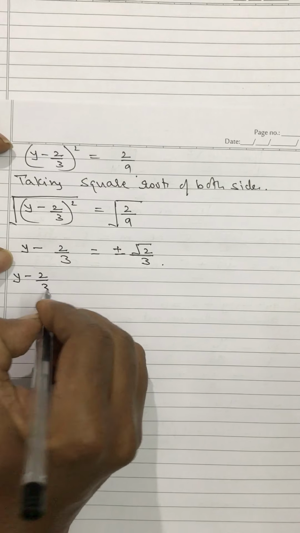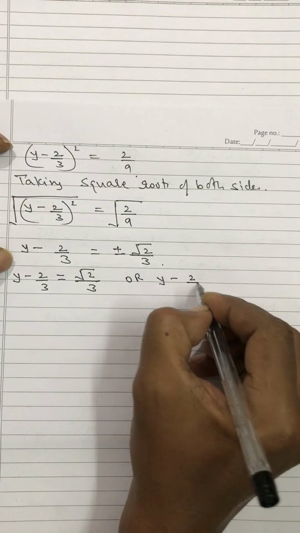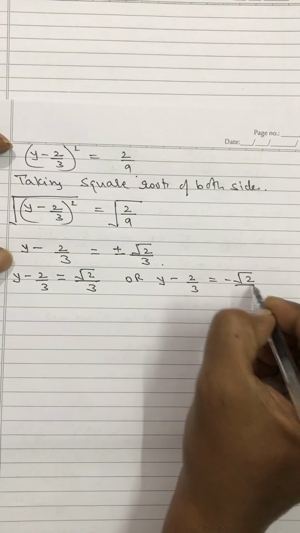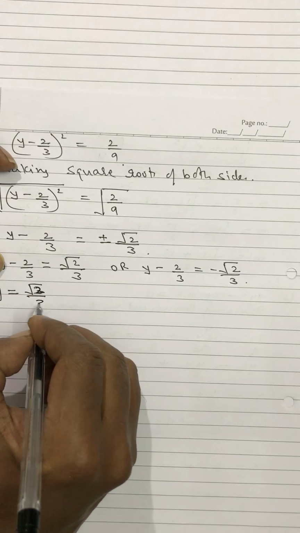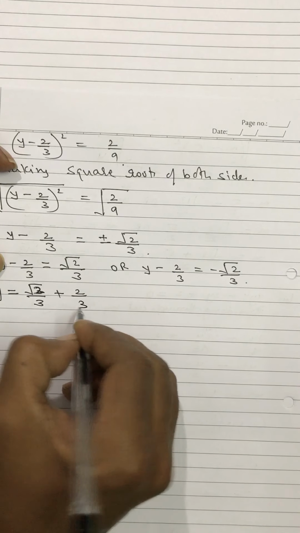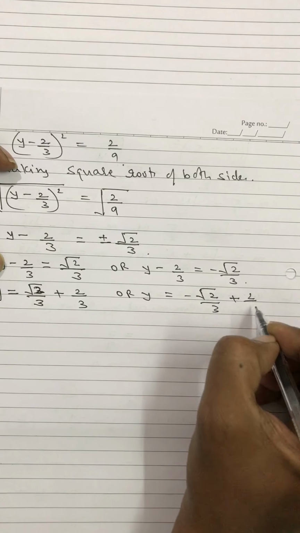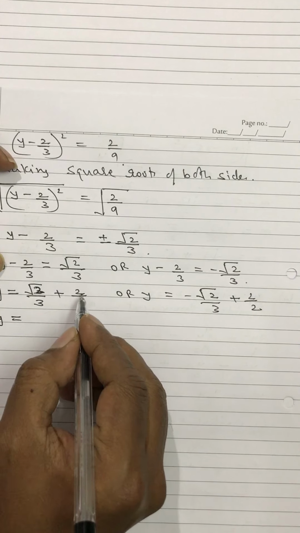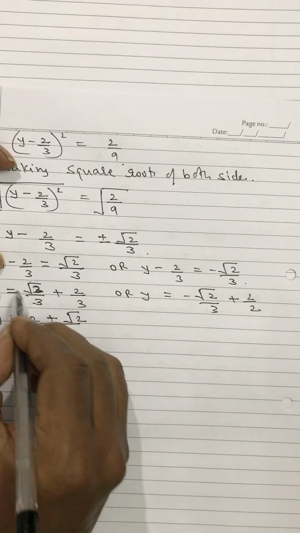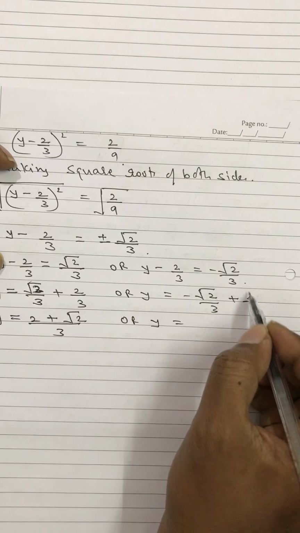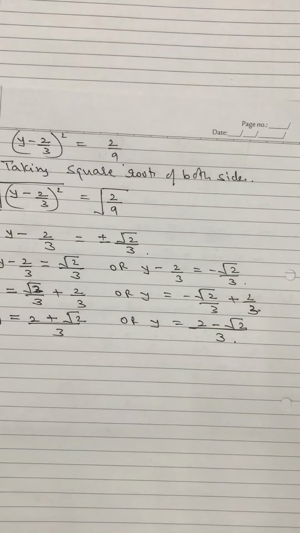Therefore y minus 2 upon 3 is equal to root 2 upon 3, or y minus 2 upon 3 is equal to minus root 2 upon 3. Y is equal to root 2 upon 3 plus 2 upon 3, or y is equal to minus root 2 upon 3 plus 2 upon 3. So y is equal to, I will reverse this because this also I will have to reverse, 2 plus root 2 upon 3. Are you getting this? Or this will be 2 minus root 2 upon 3. These are the values.